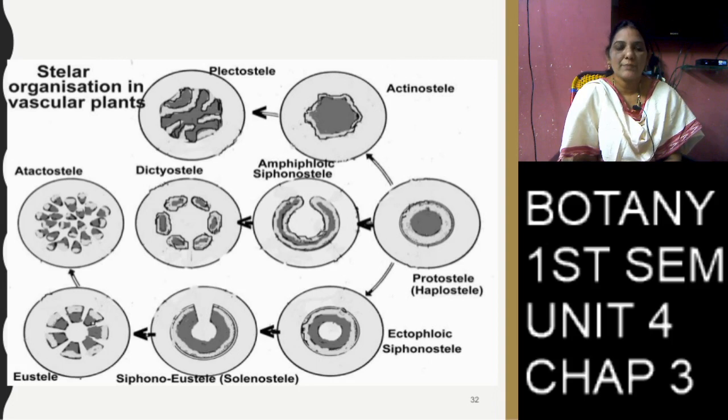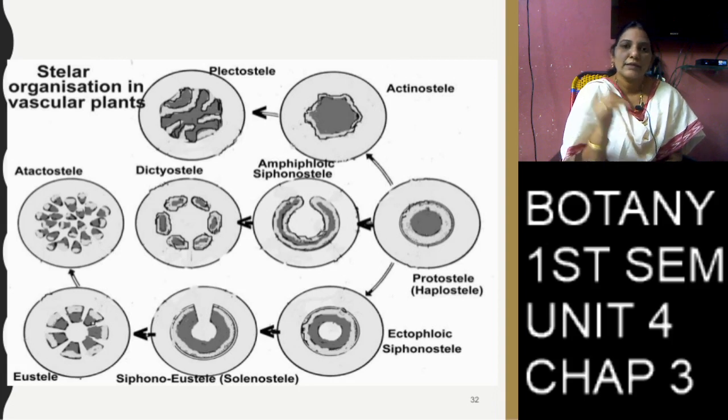The second one is amphiphloic solenostele. The middle part is called medulla, and the xylem is present in the middle of the stele. The phloem covers both sides of the xylem, the pericycle covers both sides of the phloem, and the endodermis covers both sides of the pericycle.